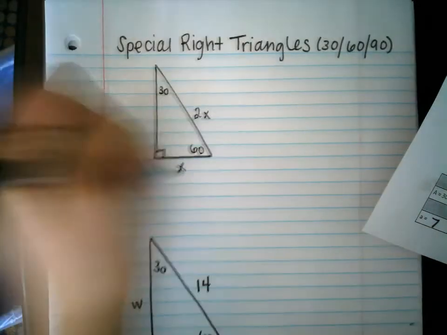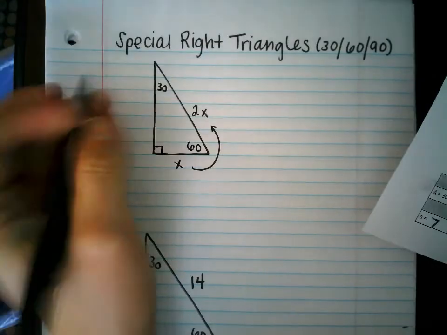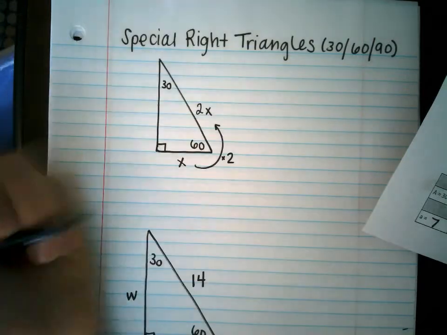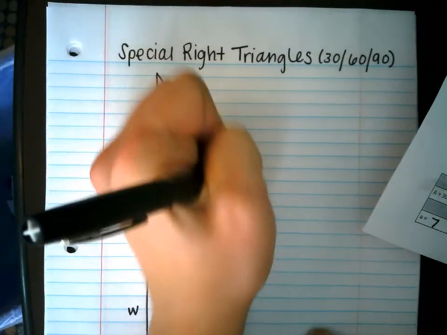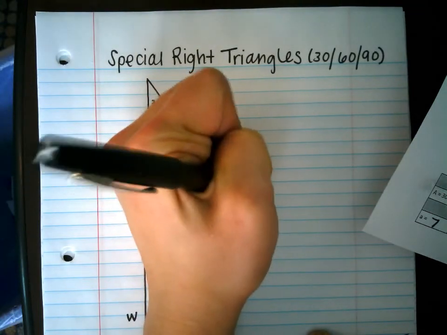So if I wanted to go from the shortest side to the hypotenuse, I would multiply by 2. If I want to go in the other direction, I'm going to do the opposite operation and divide by 2.